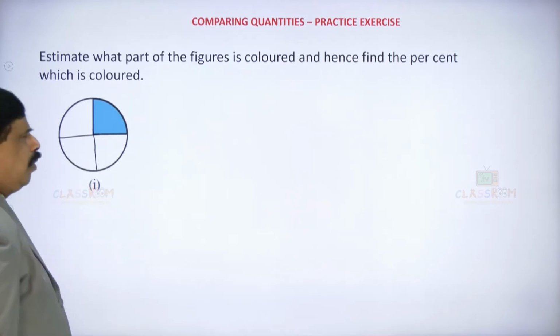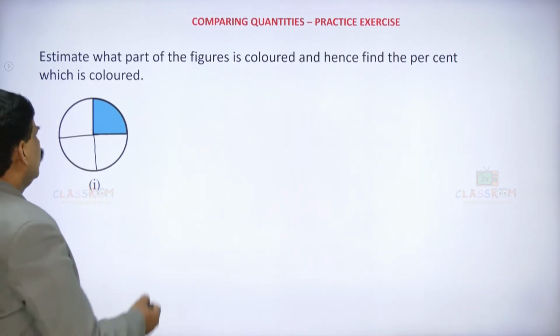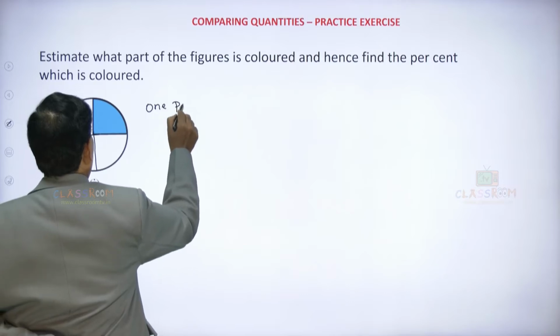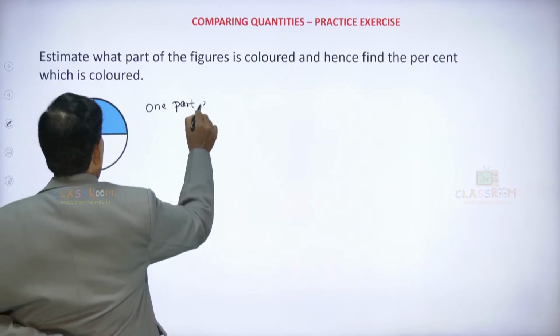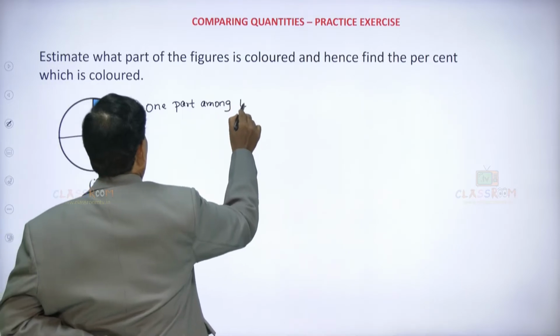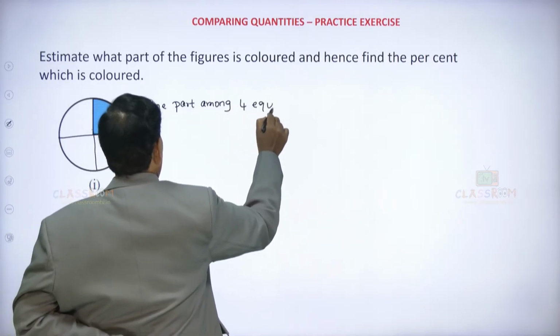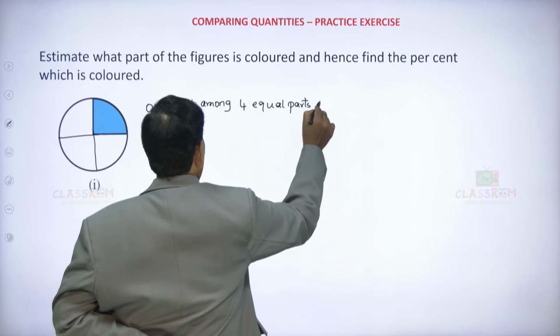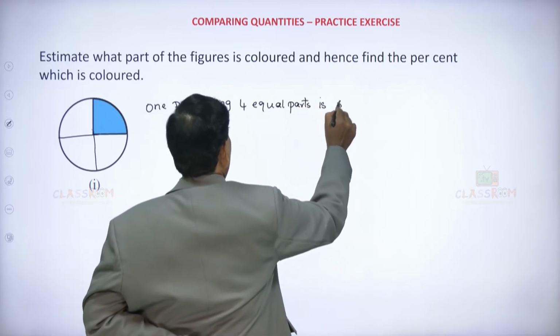What is shaded here? One part among 4 equal parts is shaded.